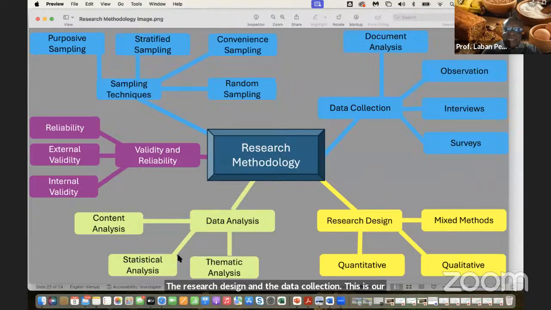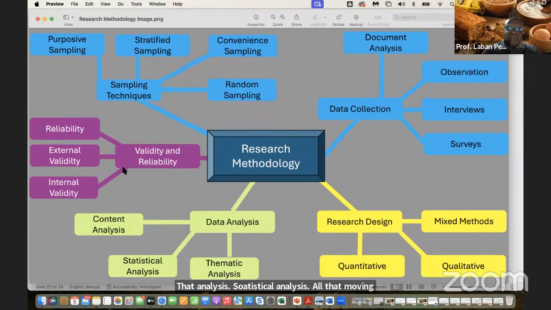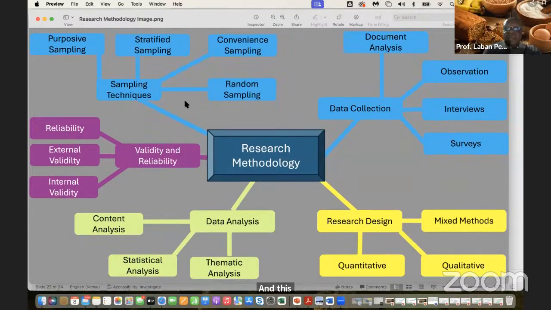Data analysis, statistical analysis, all that moving forward is our chapter 4. Reliability, validity is still a part of our chapter 3. And this sampling is in our chapter 3. So I have picked research methodology from chapter 3 to chapter 4 is what I've presented here. I have not covered chapter 1 and chapter 2.